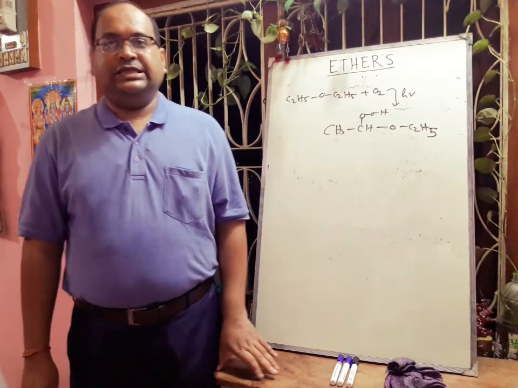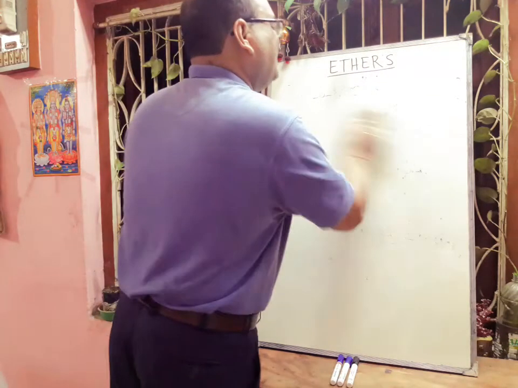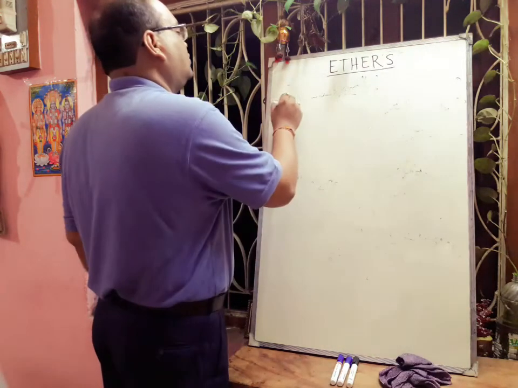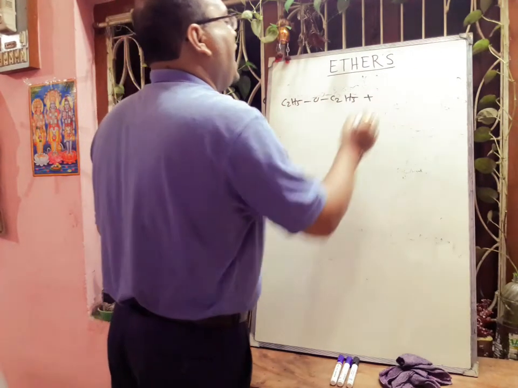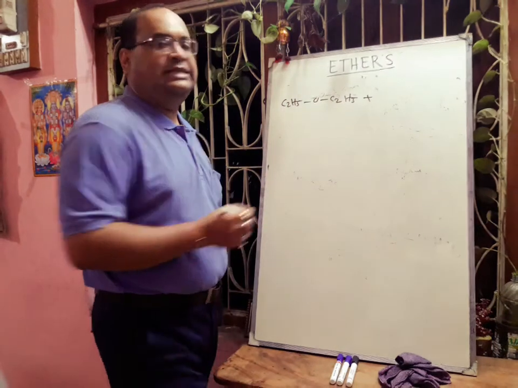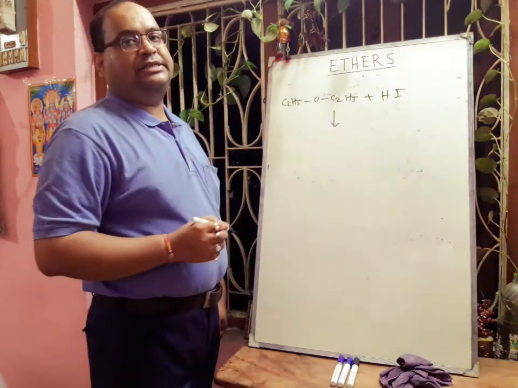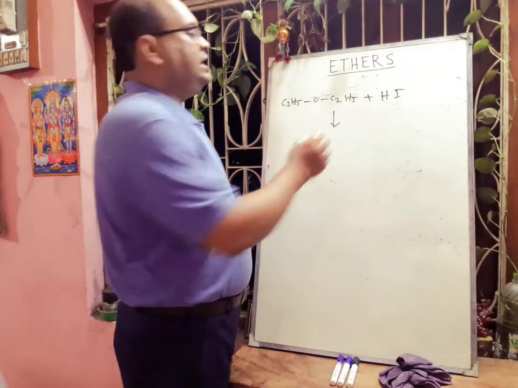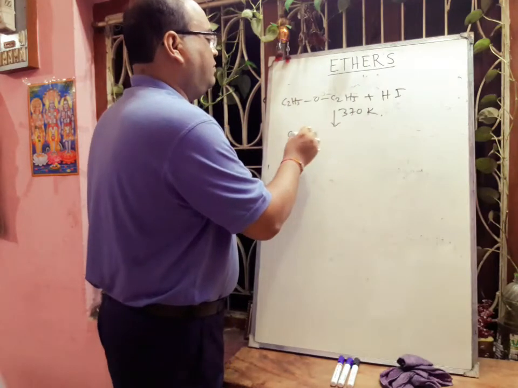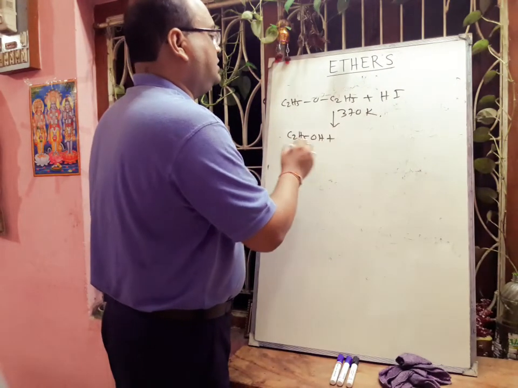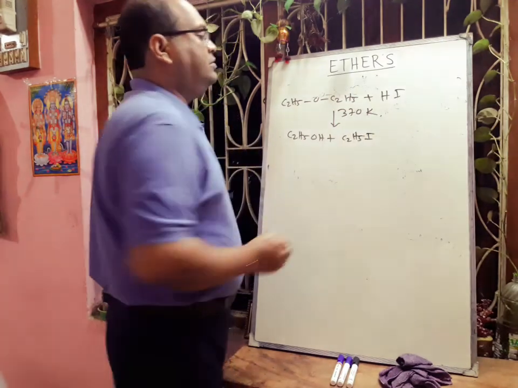Next we will discuss the action of halogen acid. C2H5 O C2H5, if we add especially HI, hydroiodic acid, and we use the temperature around 370 Kelvin, then there will be formation of ethyl alcohol plus C2H5I, iodoethane.